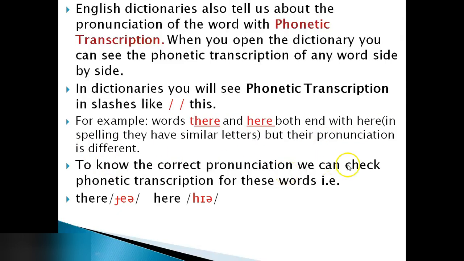To know the correct pronunciation, we can check the phonetic transcription for these words, there and here. So H-E-R-E in there is pronounced like there, and H-E-R-E in here is pronounced like here. You can check such phonetic transcription in dictionaries also, and you will be pretty sure that this word will be pronounced in this way and that word in that way.